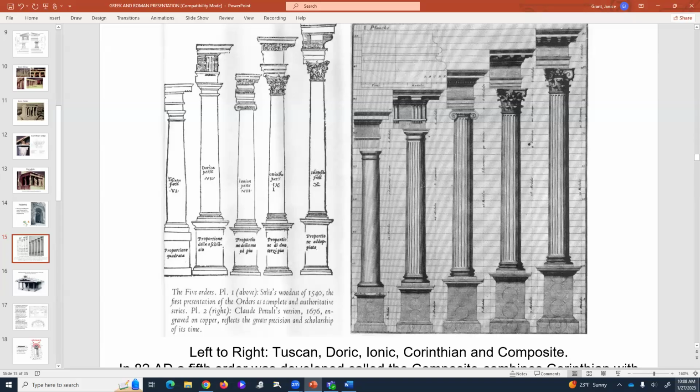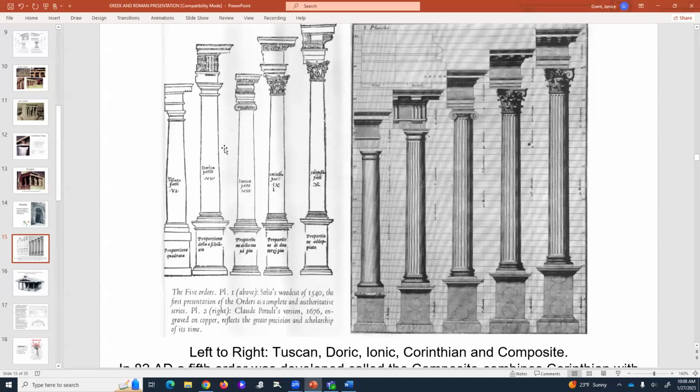But the idea, in case you didn't hear me, is draw a line at the top, draw two lines in the middle, draw one line at the bottom, and make sure you have enough room at the bottom to say what the names of each column are. And then draw just the capital. You don't have to draw all of this entablature.